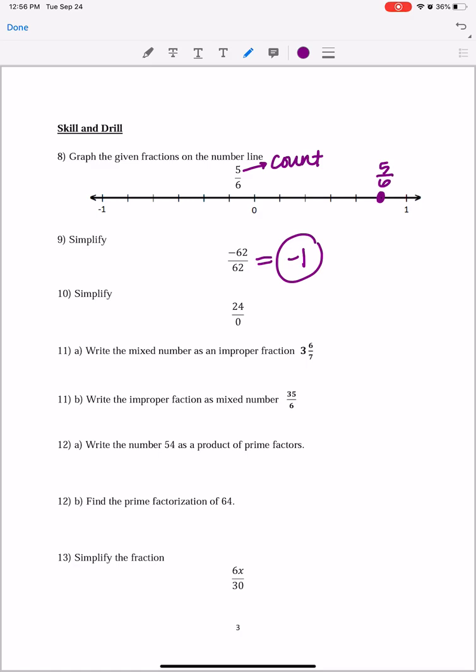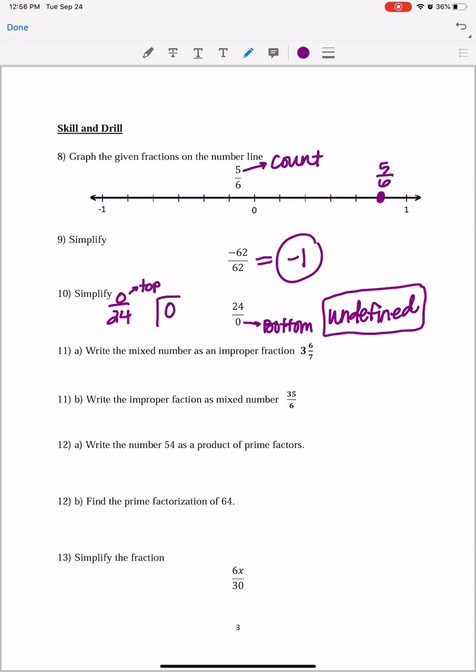Simplify 24 divided by 0. Because 0 is on the bottom, that makes this undefined. If that was switched, right, if I had 0 over 24, where 0 is on the top, then that equals 0.